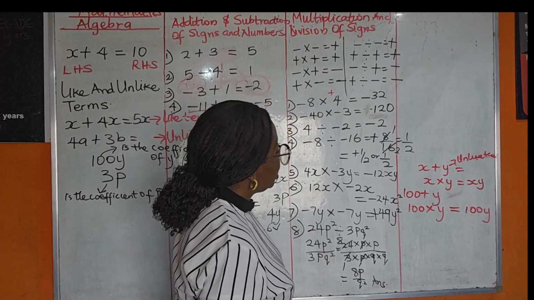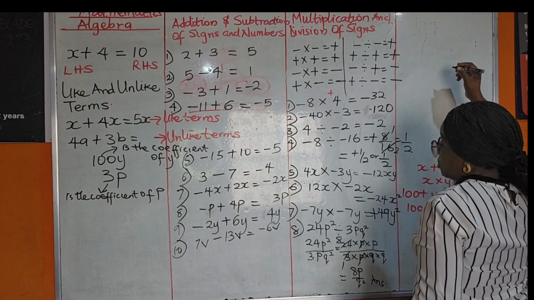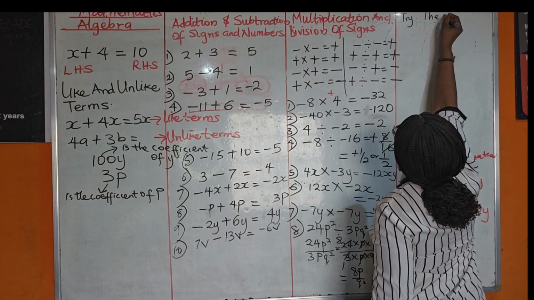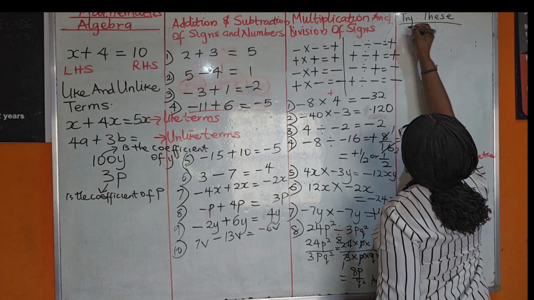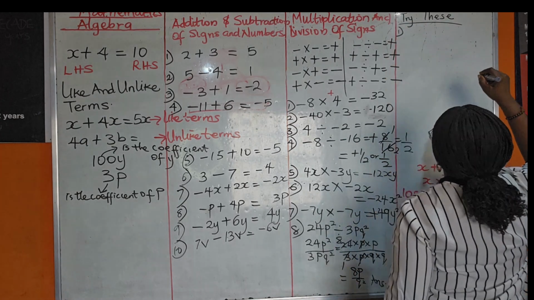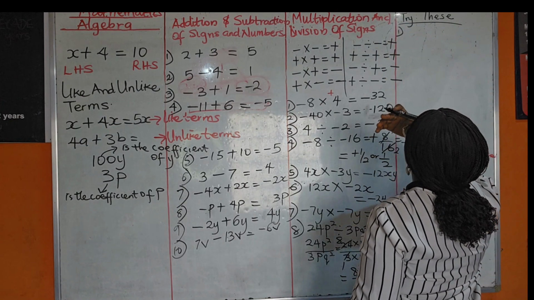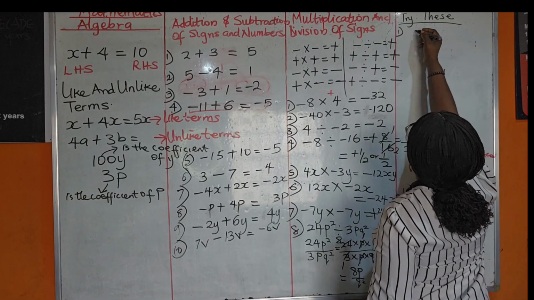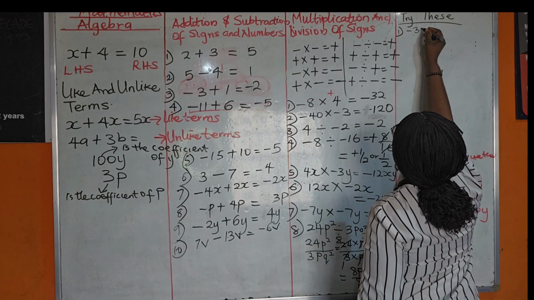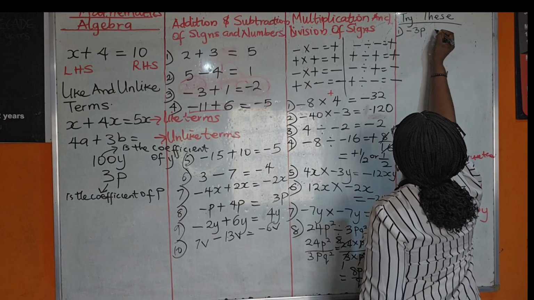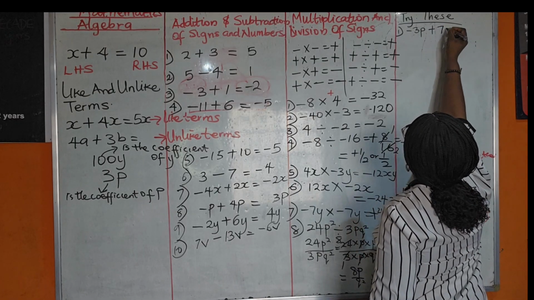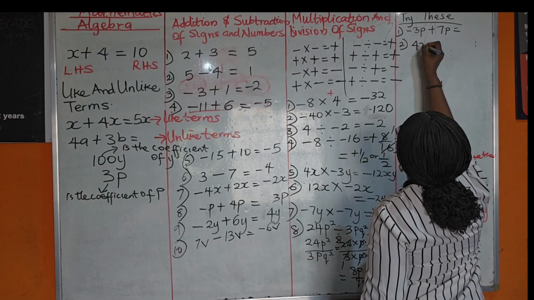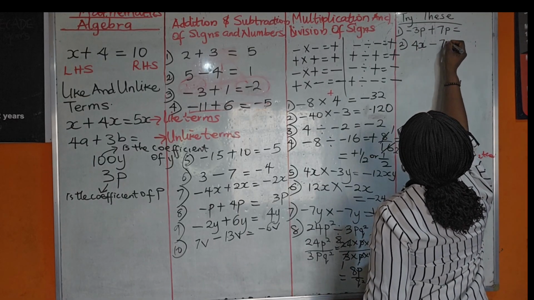I'm going to be leaving you with this assignment. I want you to try this out. Number 1, minus 3b plus 7p. What's the answer? 4x minus 7y.